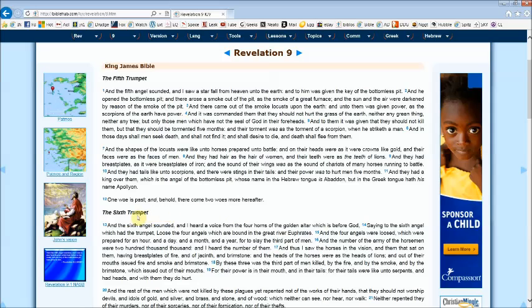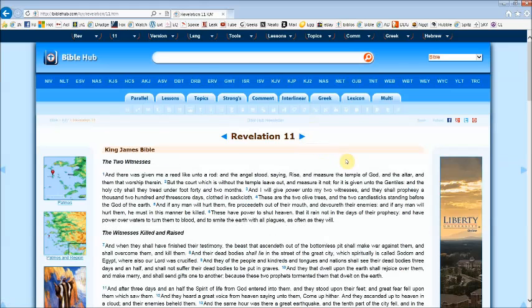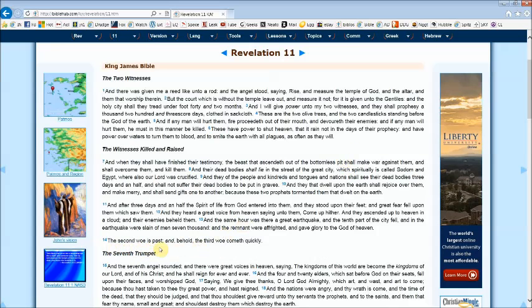Also in chapter 9, we see the sixth trumpet, but it doesn't finish until chapter 11. The second woe is past, and behold, the third woe cometh quickly. Also in chapter 11, we see the seventh trumpet, but we never see anywhere else in the book of Revelation where the seventh trumpet or the third woe is past.